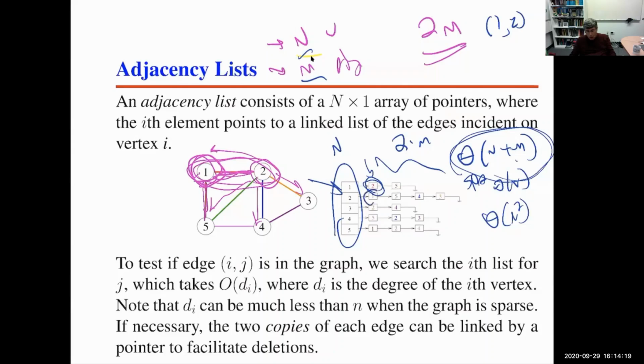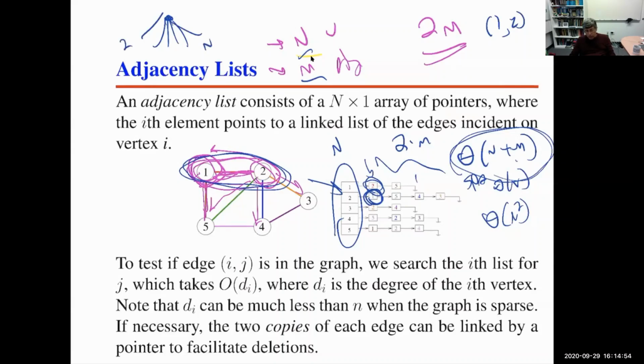What does this 1 in the second list mean? It means that there is an edge from 2 to 1. Each edge, if it's an undirected graph, will appear in 2 lists. Okay? If it's a directed graph, each edge will only appear in 1 list. Does everybody see that it's perfectly fine if I have a vertex 1 that's connected to all vertices from 2 to n?